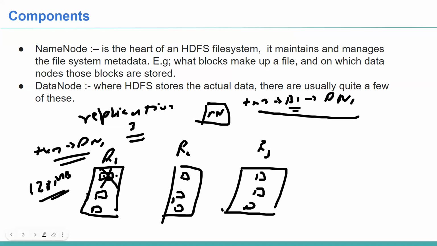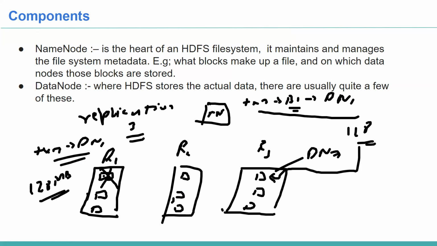So let's say I have this particular data file of 128 MB in size. At first, name node told that okay, start storing data in the data node 7. So this particular file will go here of 128 MB in size.